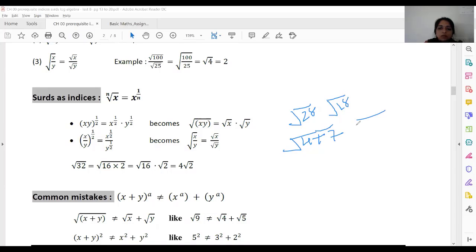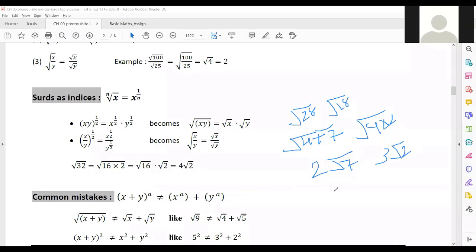This is 2 root 7. And square root of 18 is 9 into 2, which is 3 root 2. So 2 root 7 into 3 root 2 is 6 root 14. So this is the answer, 6 root 14, right?